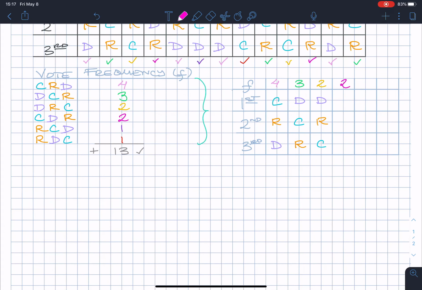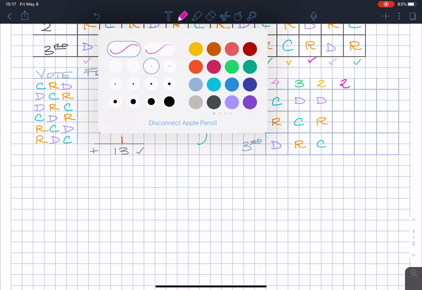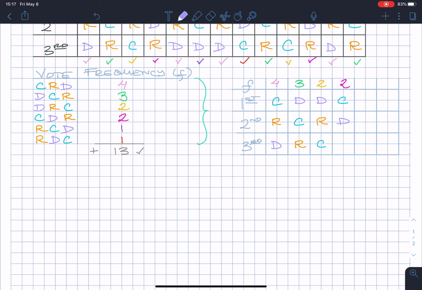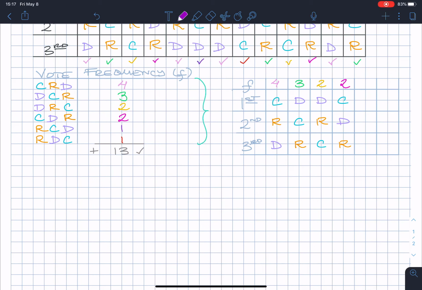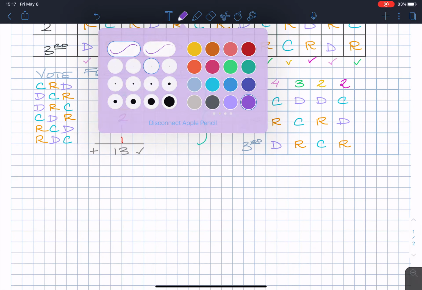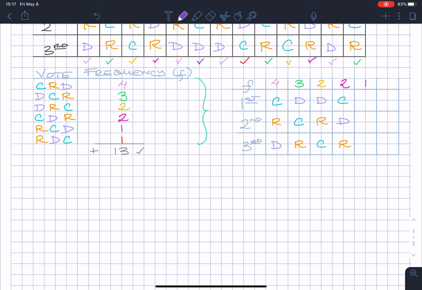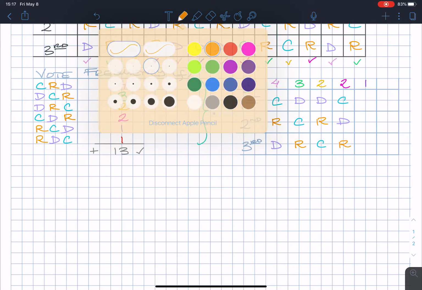The next most frequent permutation was cats, dogs, rabbits. The next was, I think I used this dark purple, a frequency of 1. That was rabbits, cats, dogs.